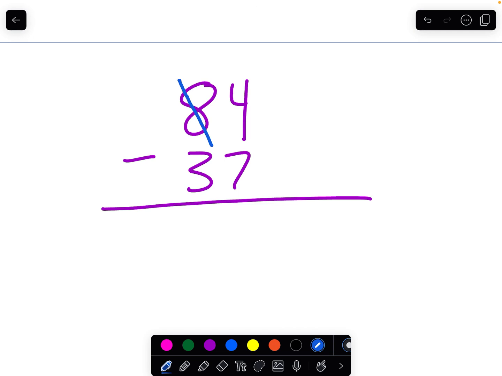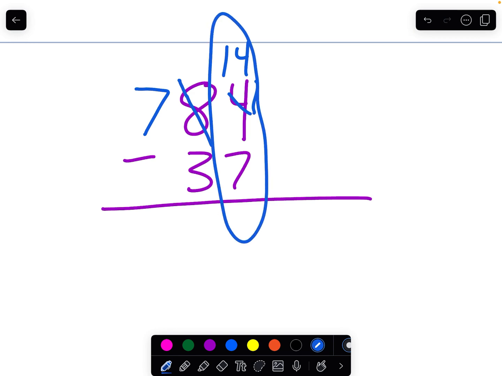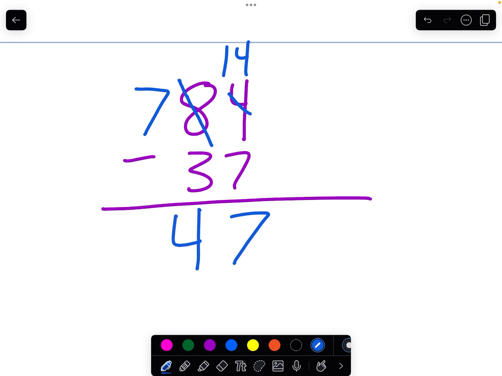I'm going to regroup, and if you remember, I said we subtract 1 from the group that we're borrowing from. So now 8 becomes 7, and 4 becomes 14 because we add 10 to 4. And now I'm able to solve my problem. If I look over here, I see I can subtract 7 from 14. 14 minus 7 is 7. 7 minus 3 is 4, and our answer is 47.